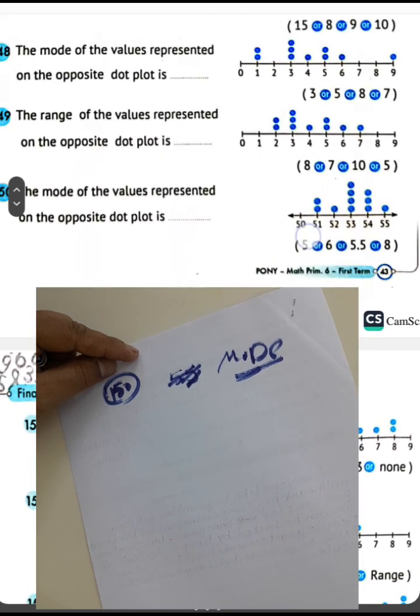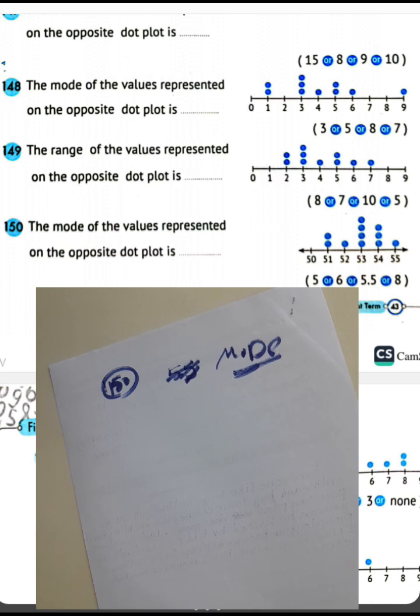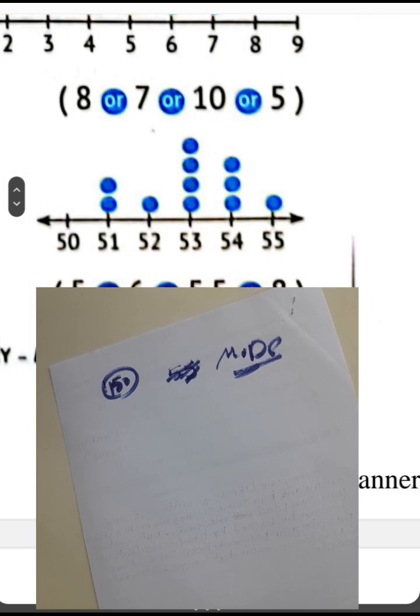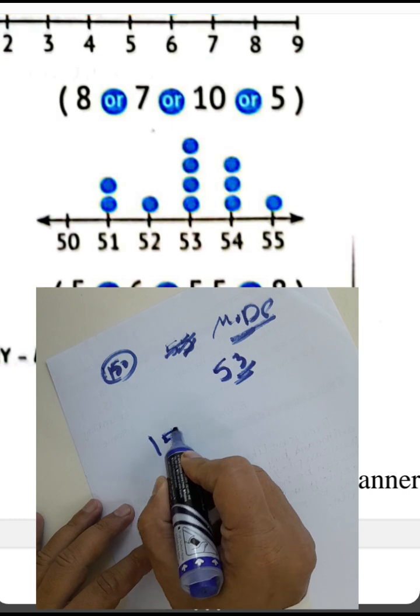Again, you want to find the mode. Which number is repeating the most? It will be 53. For question 150, look at which digit has a lot of points. 53 has a lot of points here, so 53 we call the mode. The mode here will be 53.